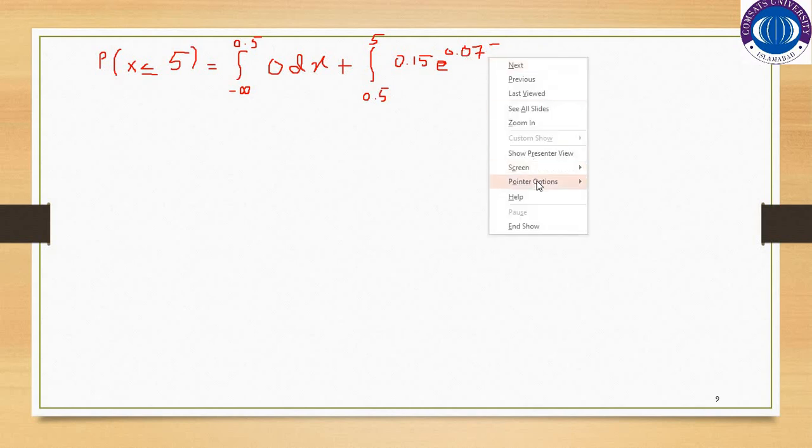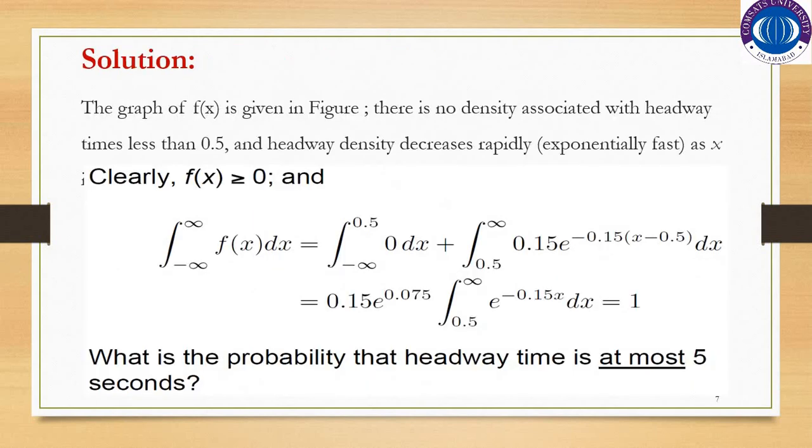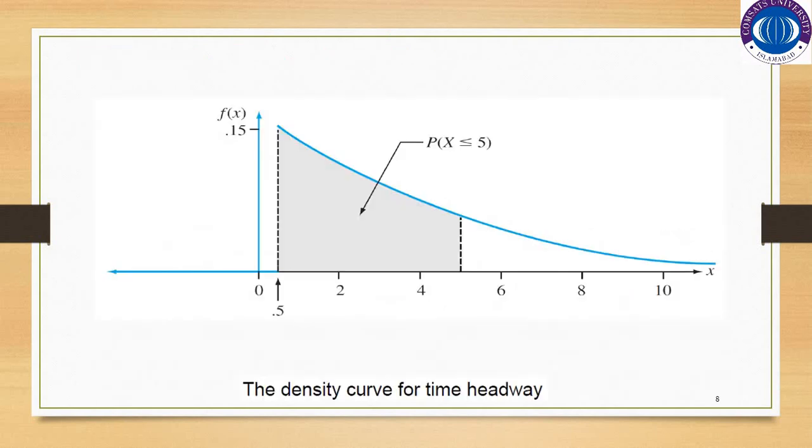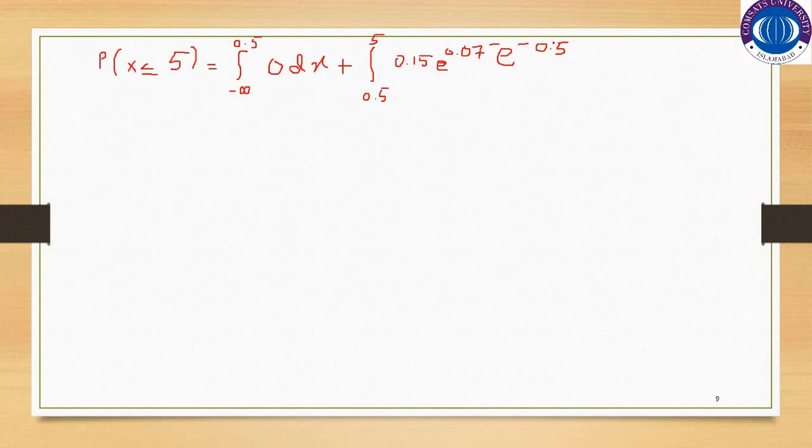Now e raised to power minus 0.15 into x dx. We know this particular part will vanish.